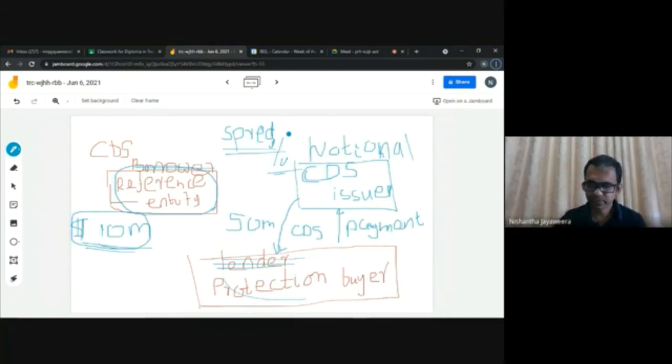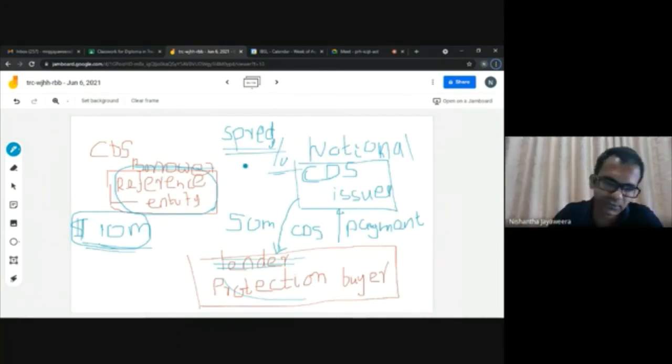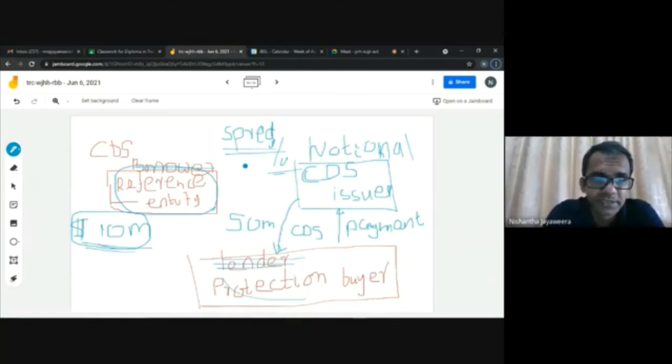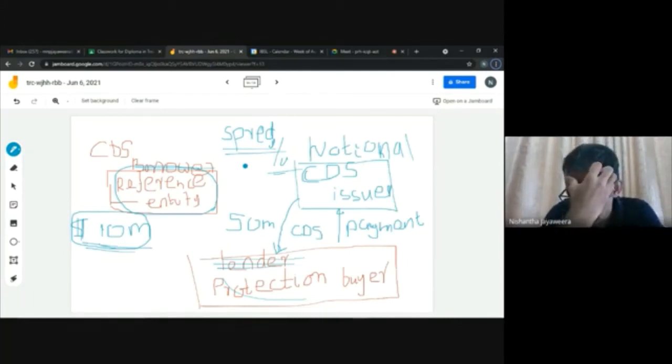So from next week onwards, we are going to discuss asset liability management. In that, most probably the interest rate swaps and the duration concepts will be required when you do asset and liability management. So please refresh your knowledge on those and attend the classes.